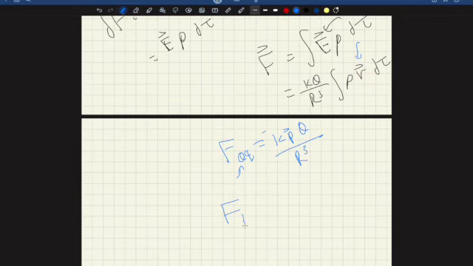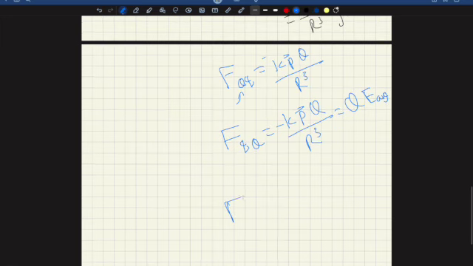So the force of our charge distribution on the uniform charge distribution that we imaginarily place in the sphere would be minus k times the dipole moment times capital Q over capital R cubed. And then this all equals capital Q times E average, and dividing out you get that E average equals minus k times the dipole moment all over capital R cubed.